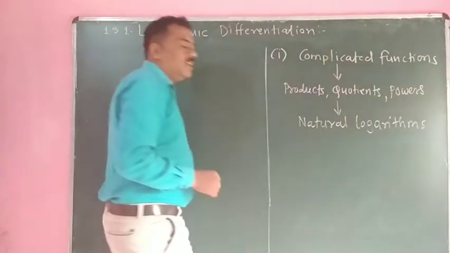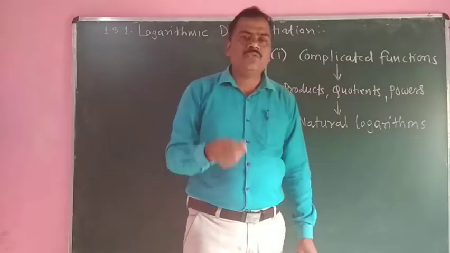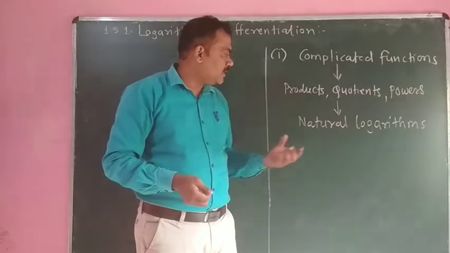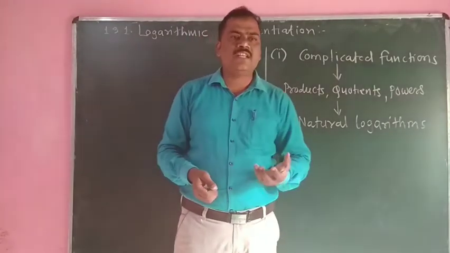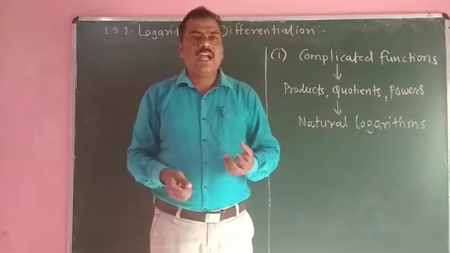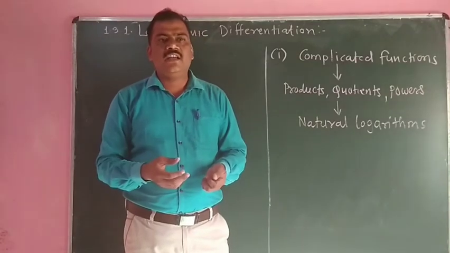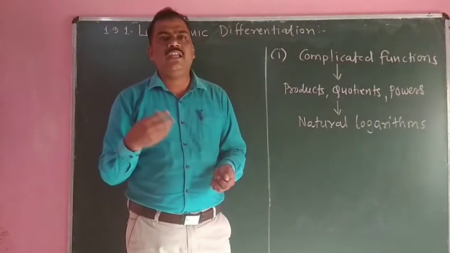By taking the natural logarithm and by using the laws of the logarithms, we can simplify those functions very quickly, and after simplification we can take the derivative very easily.